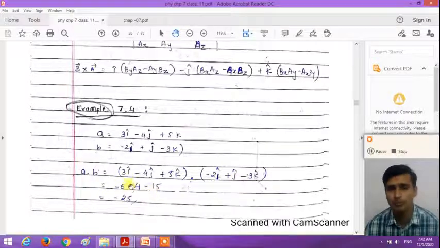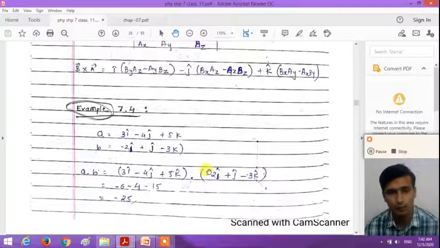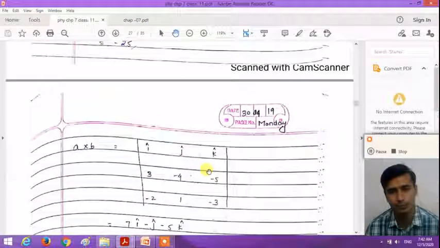So multiply the x components of both vectors, the y components, and the z components, and you get the scalar product. So 3 into minus 2 is minus 6, minus 4 into 1 is minus 4, and 5 into minus 3 is minus 15. You get the dot product of vector A and vector B, which has magnitude only. It is equal to minus 25.